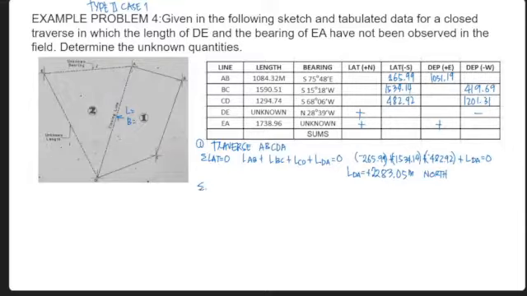And then, for our departure naman, summation is equals to 0. So, departure AB plus departure BC plus departure CD plus departure DA is equals to 0. So, yung ating departure is 1051.19 plus negative 419.69 plus negative 1201.31 plus departure DA. Hindi ko na nalagay yung minus because it will definitely give us naman yung sign niya.